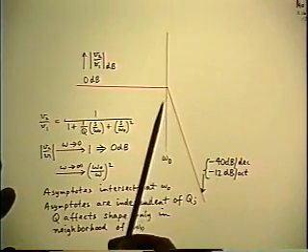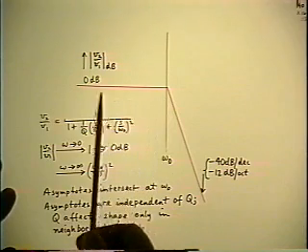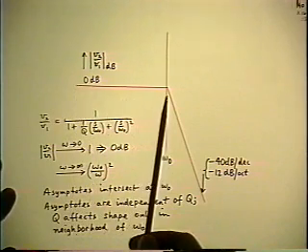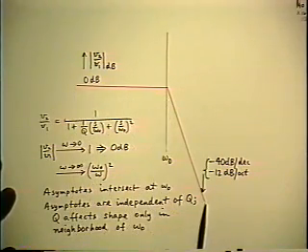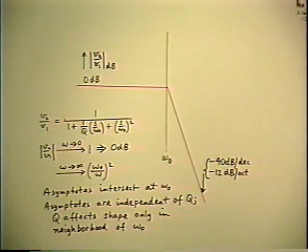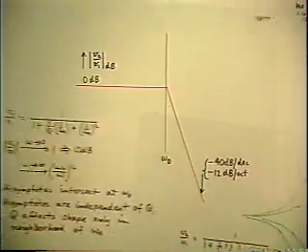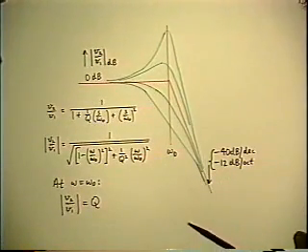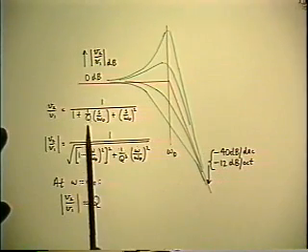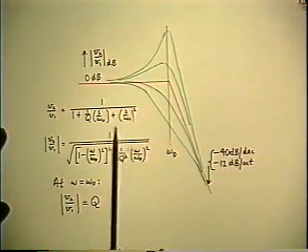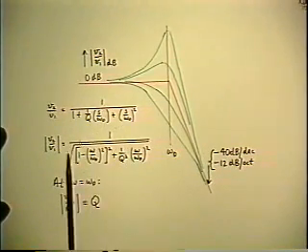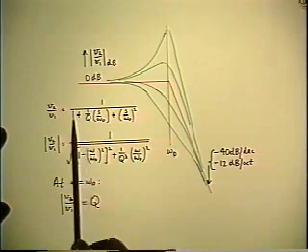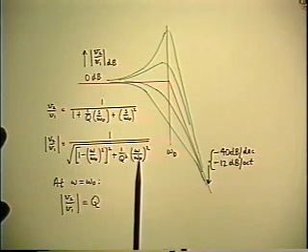All of this is independent of the value of Q. Q only comes into the act in determining how the actual function goes through the corner. So when you look at the magnitude function, the magnitude of this complex function of frequency is, as usual, 1 over the square root of the sum of the squares of the real part and the imaginary part.